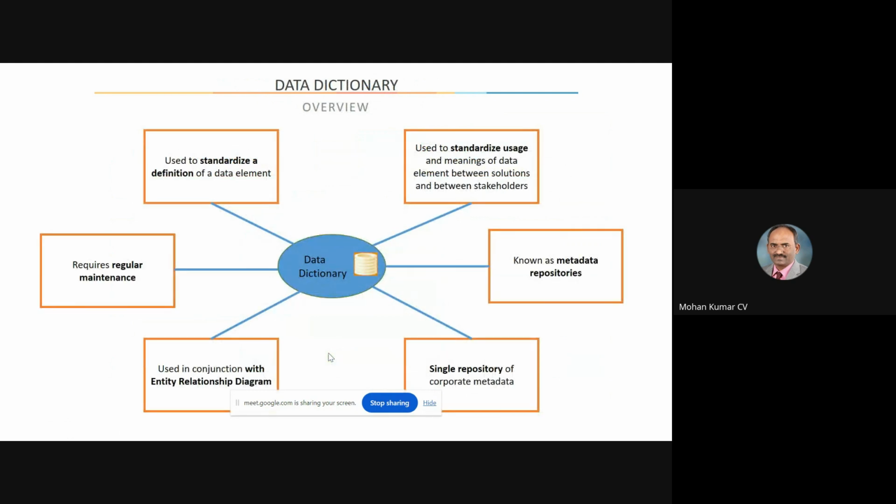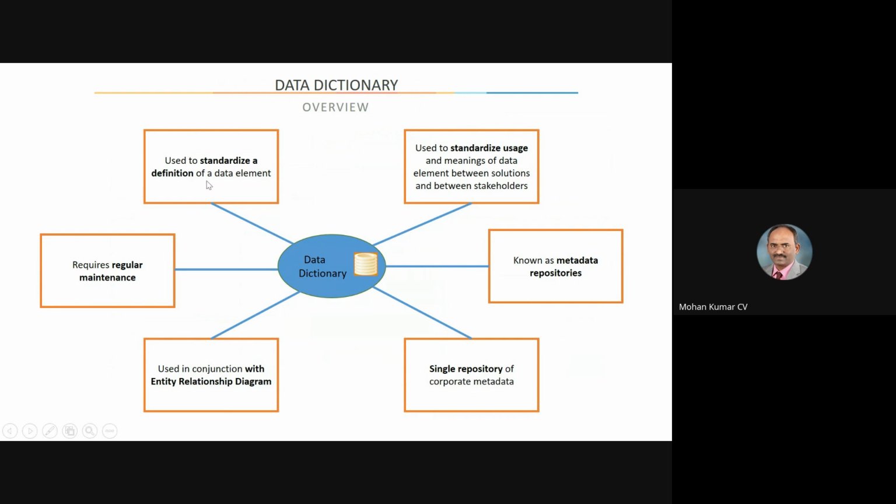Now data dictionary, you would have heard this word. A data dictionary is where you have all the information about the data, because certain things you don't understand, such as column names or some metadata, by just seeing the database structure or data model diagrams. For that, a detailed narration will be there in data dictionaries.